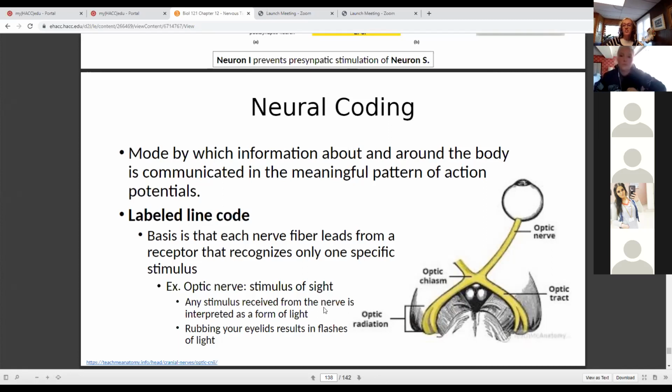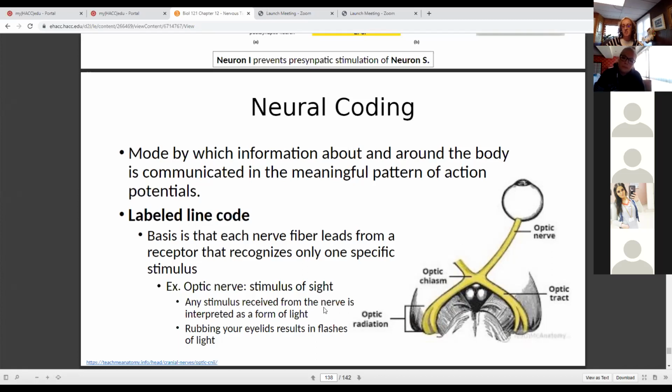But you're not receiving any light. You're not causing a light stimulus, right, when you push on your eyes. But the receptor only can recognize forms of light. So the nerve is trying to respond to that pressure, but it can only respond if that stimulus is light. So it's trying to analyze that pressure stimulus as a form of light.